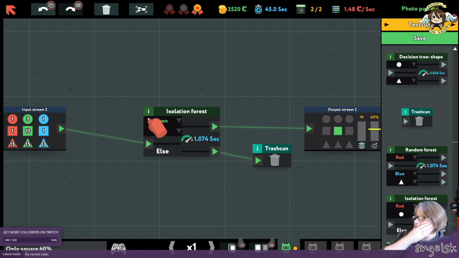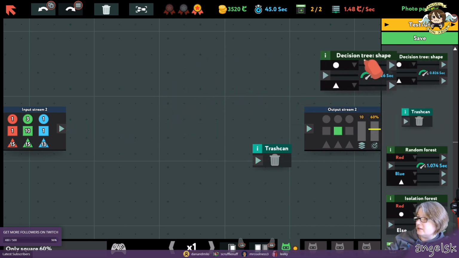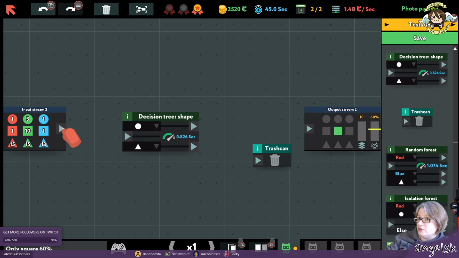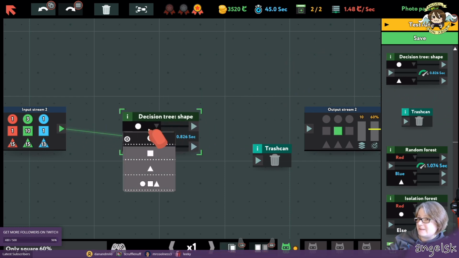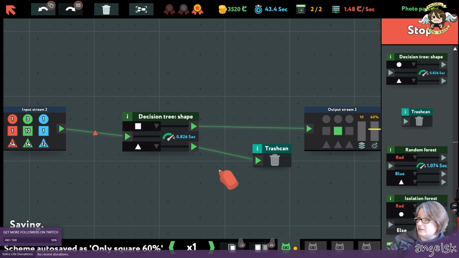Or the isolation forest. It's good, it's just not good enough. But as the accuracy is, there's only 2 squares that aren't. And a couple of circles. That is much faster on the decisioning.